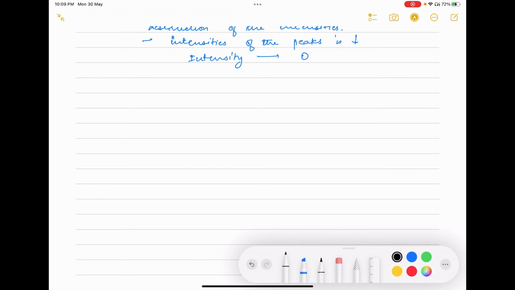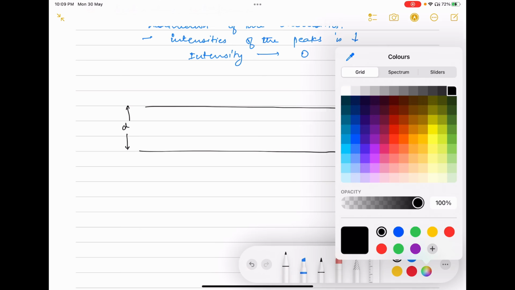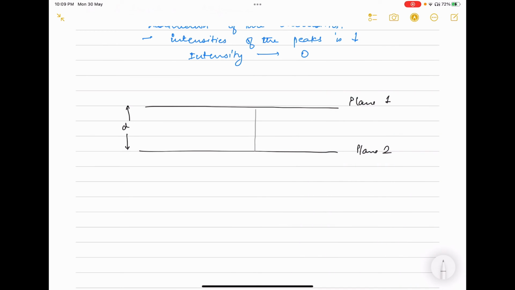So suppose you have two planes, plane 1, plane 2. Interplanar spacing is D. Now suppose this is the central line.